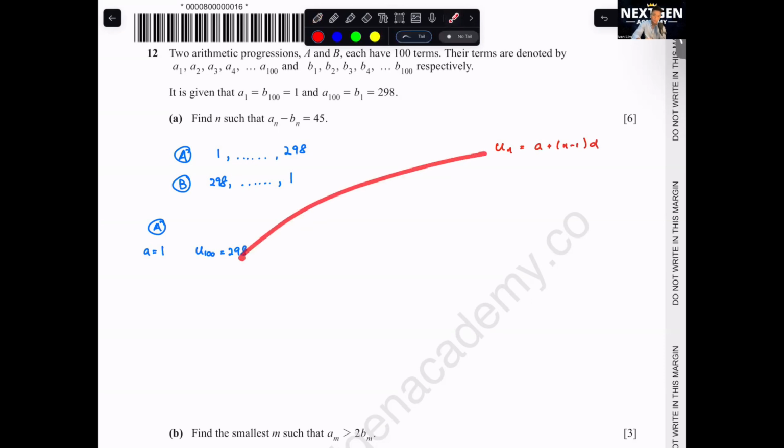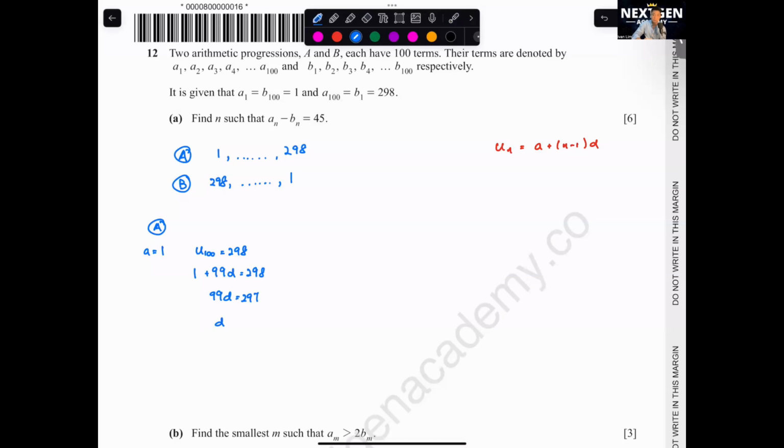This is what we'll be substituting. So this will become 1 plus 99d equals 298. 99d equals 297. This is for the first one. d is equal to 3, 297 divided by 99.